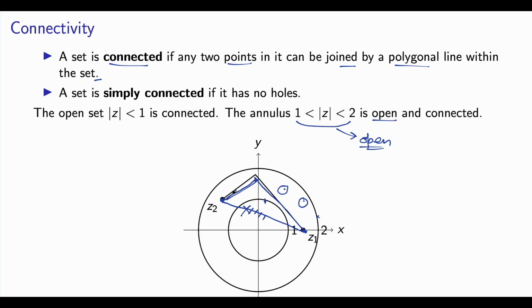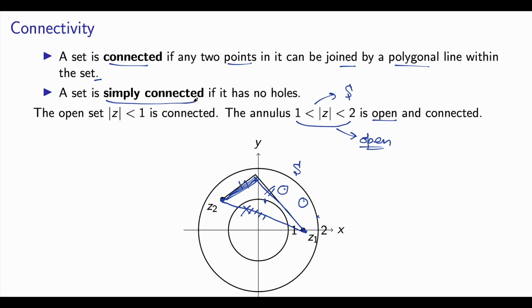So you can join by any polygonal line which completely lies inside of this set. If the line can be joined by a polygonal line and that line must completely lie inside of S, then we can say that the set is connected, right?